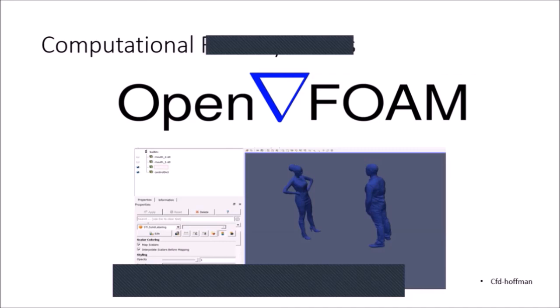Computational fluid dynamics lets us predict the flow of fluids and simulate such systems. This is one of the cases that we have been trying to run. We've been using OpenFOAM solvers for that.